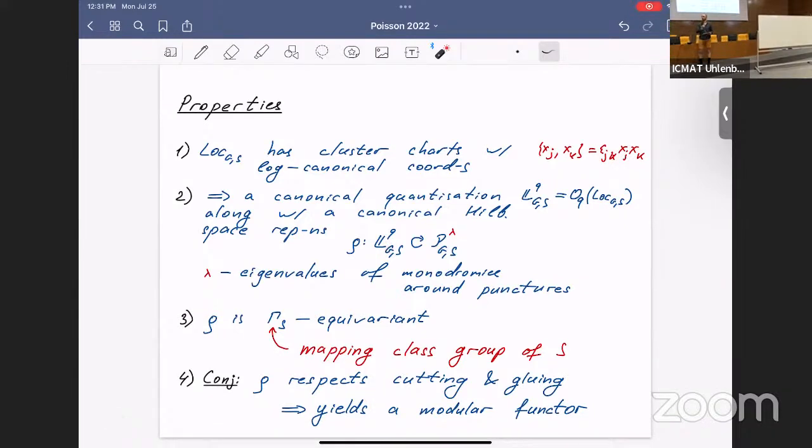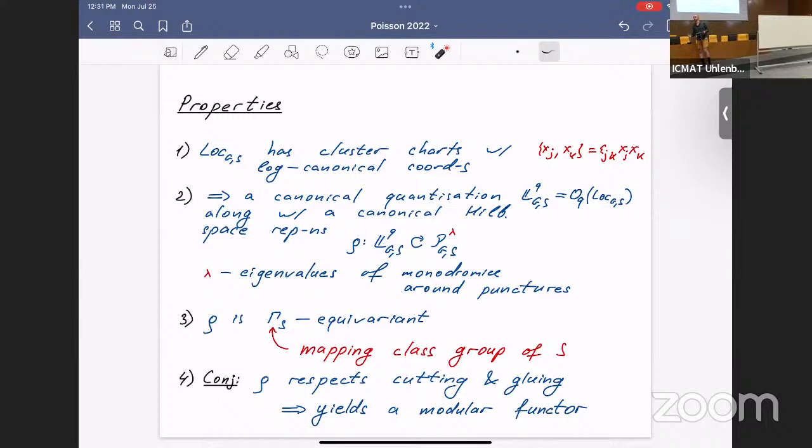And if you forget the algebra now and just keep the mapping class group, then you have a mapping class group representation. And these representations are labeled by parameters lambda, which classically tell you the eigenvalue of the monodromy around punctures. Now, there's a conjecture which is called the modular functor conjecture. It's a conjecture in what people call higher Teichmüller theory, that this representation can respect cutting and gluing of surfaces.